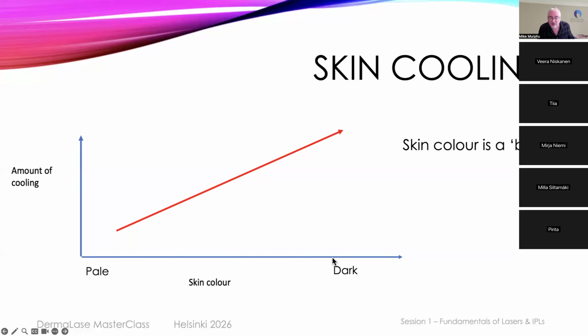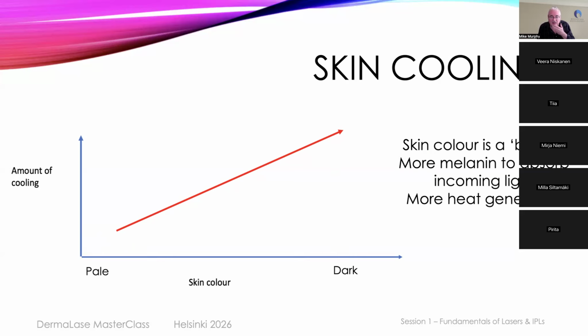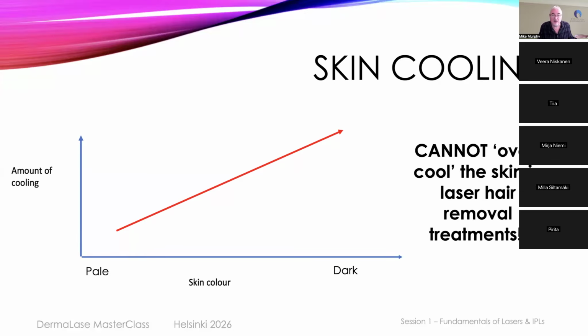If you have a dark skin barrier, skin tone 6 or something, then you're going to get a lot of heat generated in it, so we need a lot more cooling. So it's as simple as that. Pale skins, not much cooling. Darker skins, much more cooling. Keep that in mind always. There's more melanin in the darker skin to absorb the light, hence more heat is generated and more damage potentially, okay? And because of that, less energy actually gets through the skin, through the epidermis into the dermis, right?